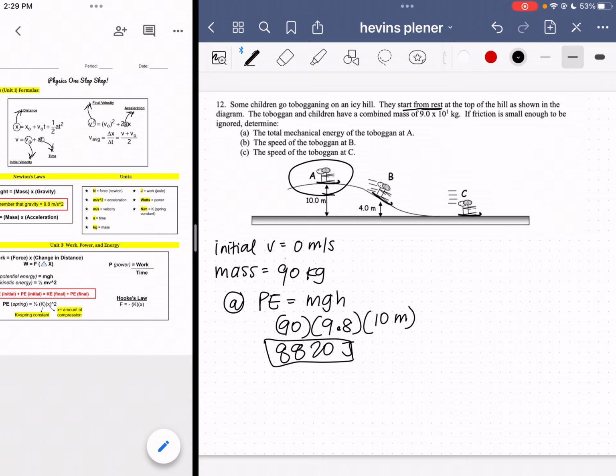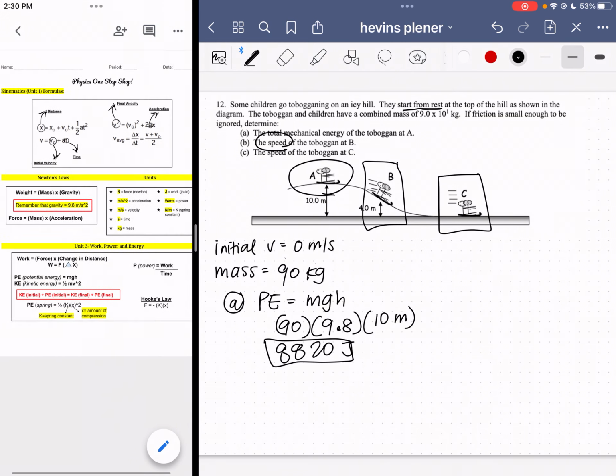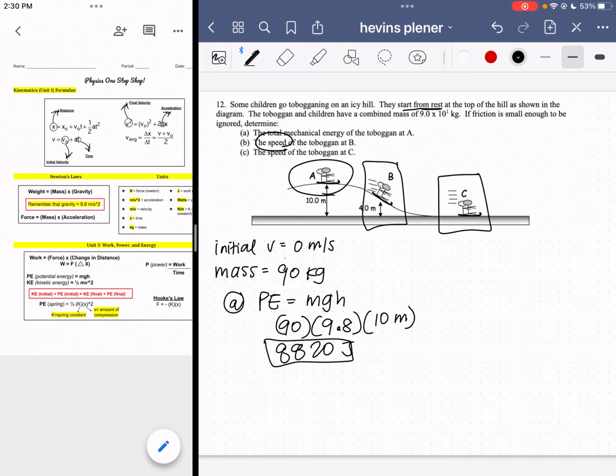So the speed of the toboggan, speed and velocity are the same thing. We're going to find speed at B and at C. How do you find the velocity? What you can do is use the formula for kinetic energy, right?